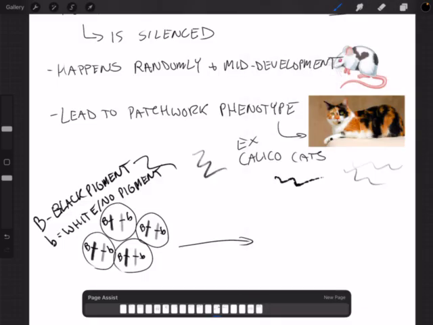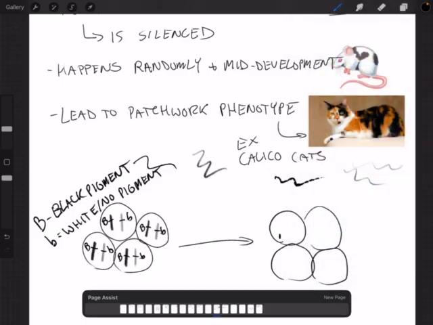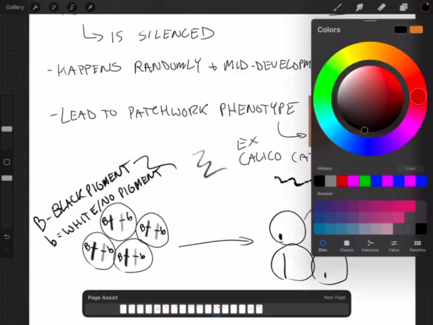Okay, so in this case, we'll have 4 cells again. But let's say X inactivation happens. That will give us a bar body some of the time, and it'll be random which chromosome is being inactivated, right?